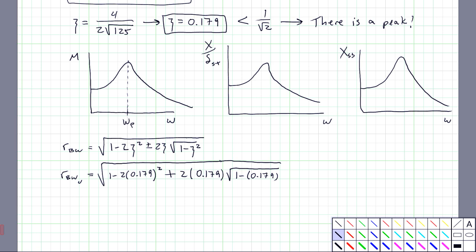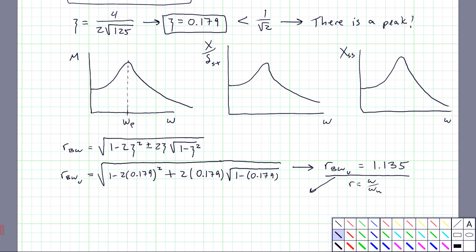So do the calculation. You're going to end up with R_BW upper equal to 1.135.